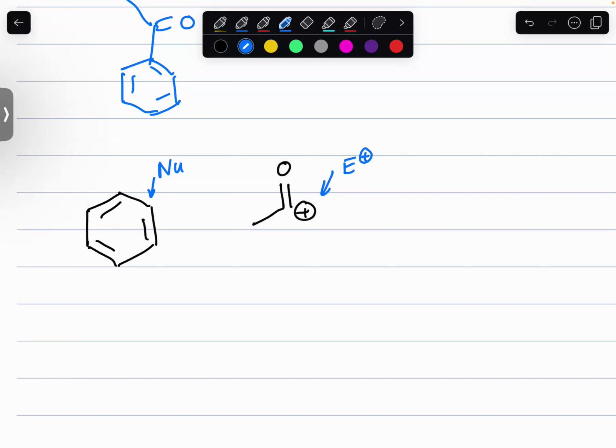So attack is always going to come from the nucleophile. Remember that when we're drawing our mechanism arrows, we're always following electron movement. The starting point is going to be where those electrons come from and where they land. So this double bond is going to attack that positive site.